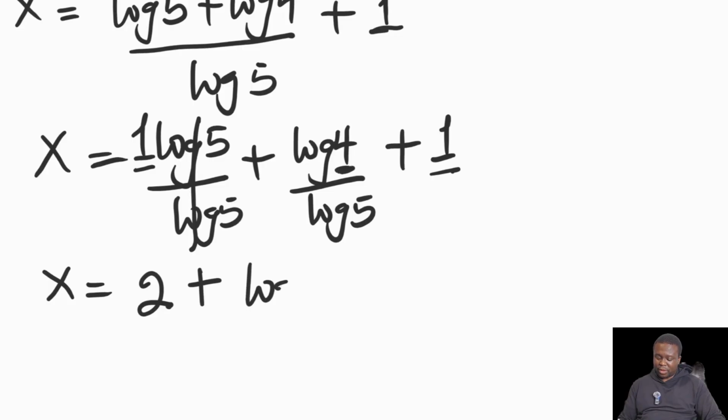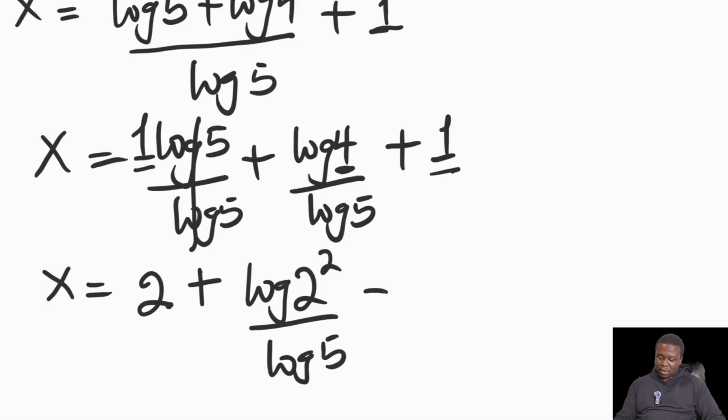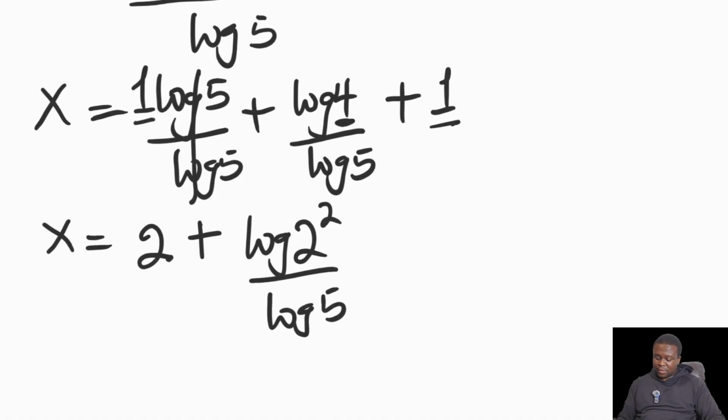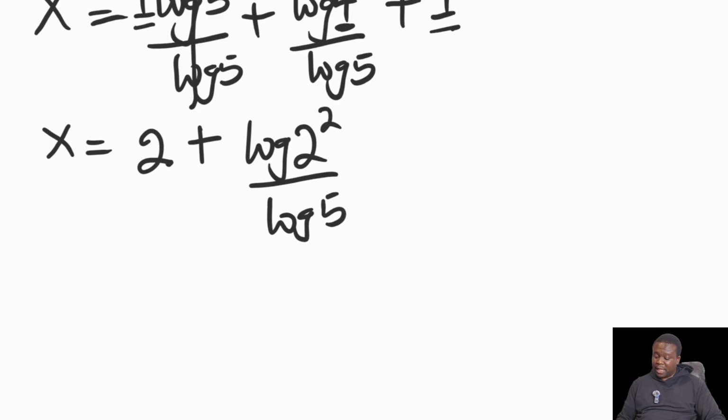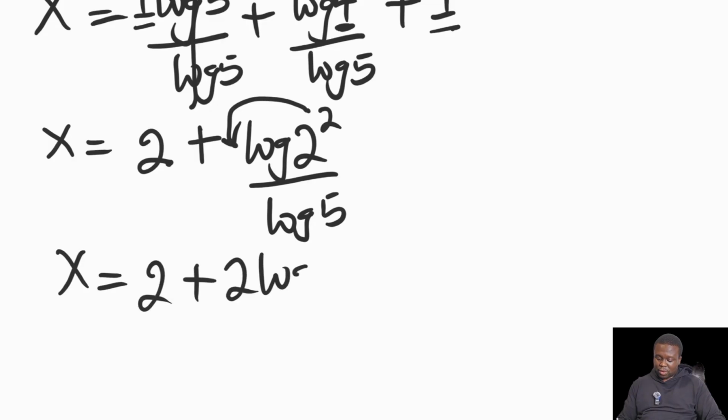So we have log 2 raised to the power 2 divided by log 5. So this 2 comes over here, and then we have that x is equal to 2 plus 2 log 2 divided by log 5.